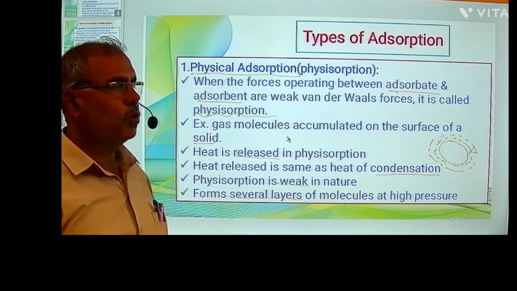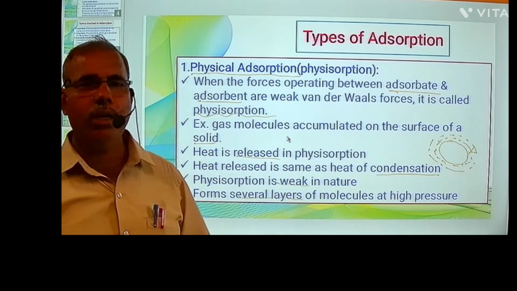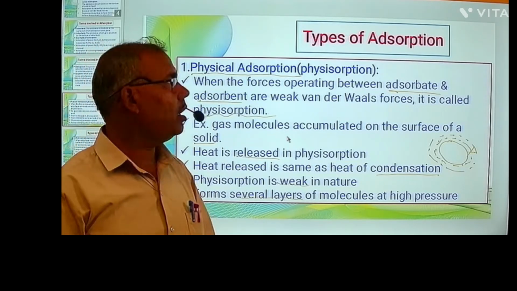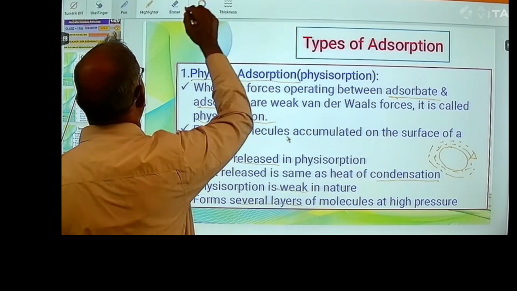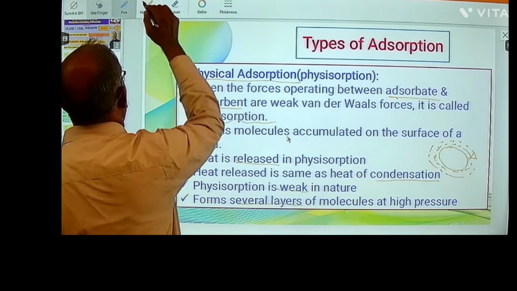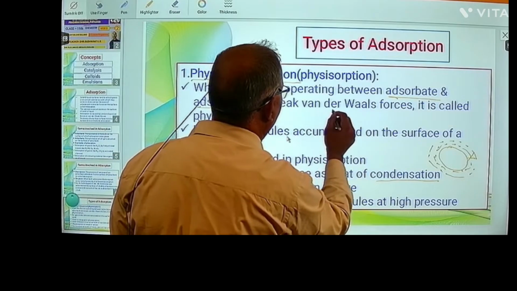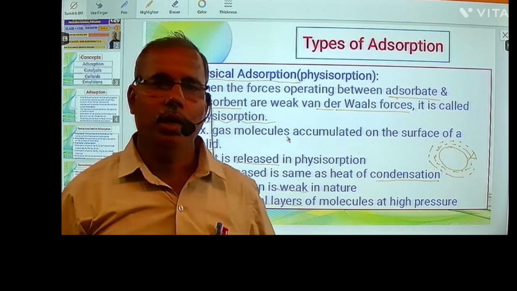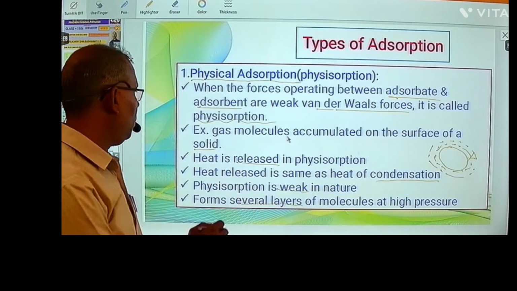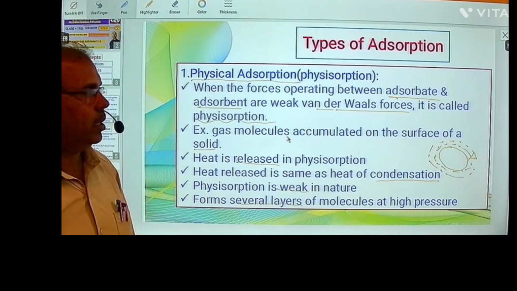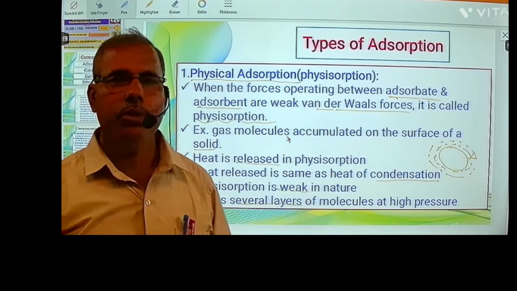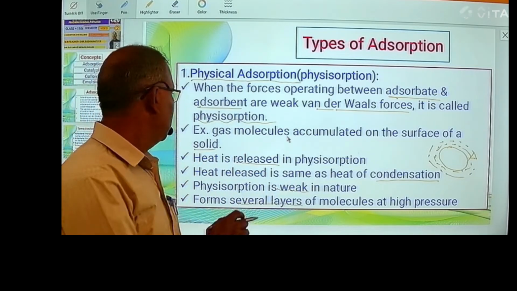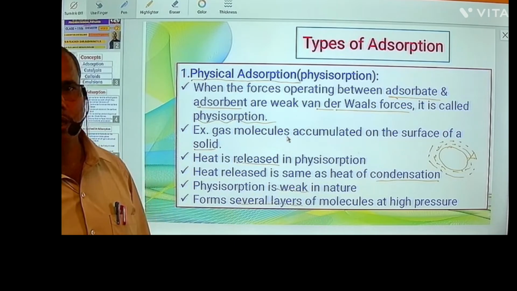So when the forces operating in between adsorbate and adsorbent molecules are weak van der Waals forces, then it is called as physical adsorption or physisorption. Examples of such type of adsorption are the different gas molecules which are accumulated or deposited, that is adsorbed on the surface of the solid substance, it is called as physisorption.